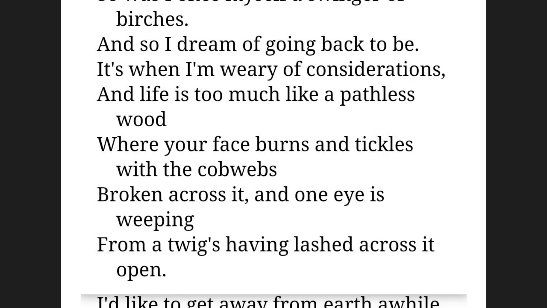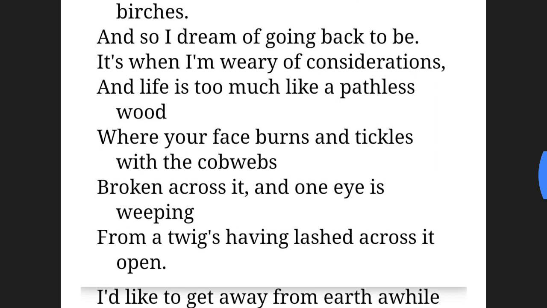He says life becomes too much like a pathless wood where your face burns and tickles with the cobwebs broken across it and one eye is weeping. See what happens when you are passing through an area which is full of cobwebs. What happens? They stick to your face. Many of us have experienced this, that you have entered a particular area where there are cobwebs you did not know or could not see.